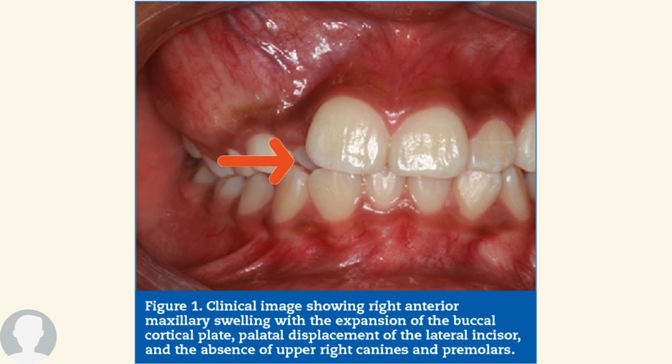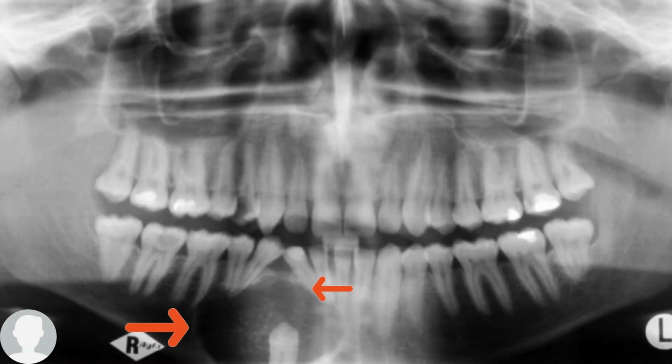And this swelling is associated with the adenomatoid odontogenic tumor, which is tooth related. Here is an OPG that was taken for one of my patients, showing that the lateral incisor and the first premolar have drifted in such a way that the space is closed completely, and because it is closed, you can see clearly that the canine did not erupt yet.